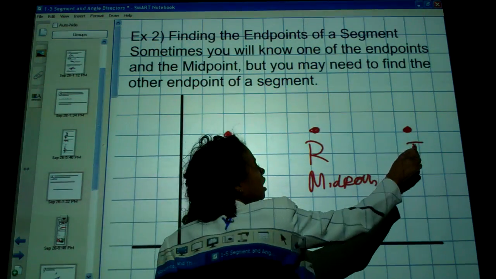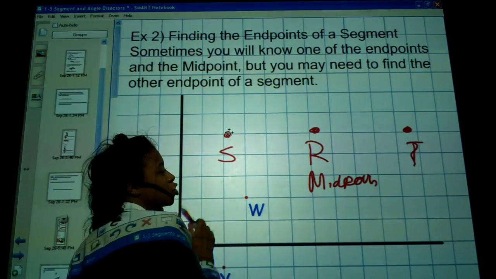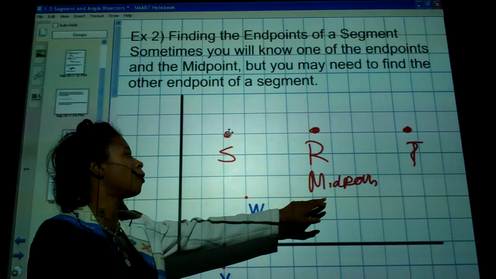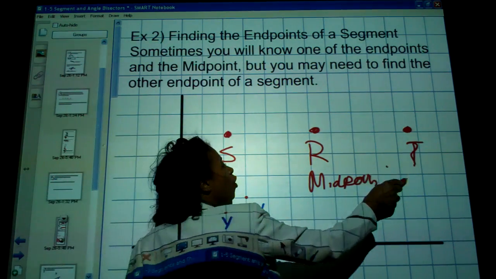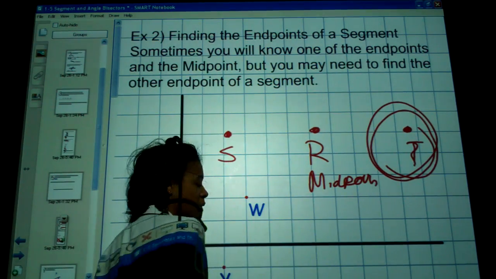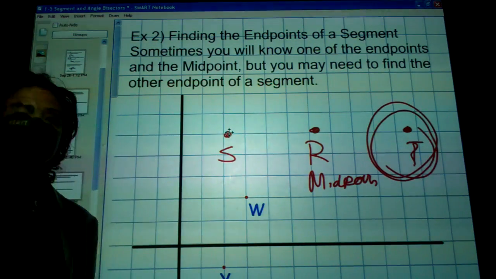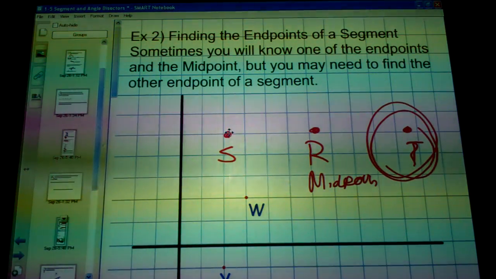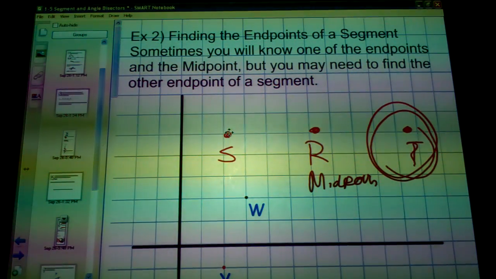Well, I don't know exactly where T is, but they give me the 2 values for the first endpoint and the midpoint. I can calculate this last endpoint using the midpoint equation. Just simply use what we've done before.